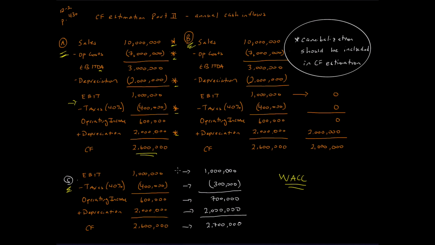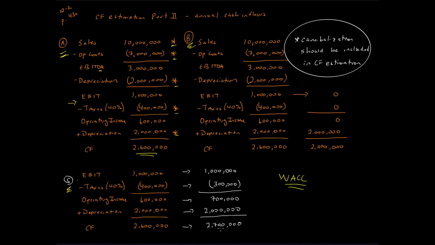EBIT is $1 million, and again we're ignoring anything we did over here in part B. We're resetting back to part A. EBIT, the adjustment is $1 million, but my tax rate, instead of being 40%, which is $400,000 of $1 million, decreases down to 30%. So instead of $400,000, I'm only going to have to pay $300,000 in taxes. $1 million minus $300,000 gives me operating income of $700,000, and then I add back my depreciation of $2 million, and my final cash flow is $2.7 million.